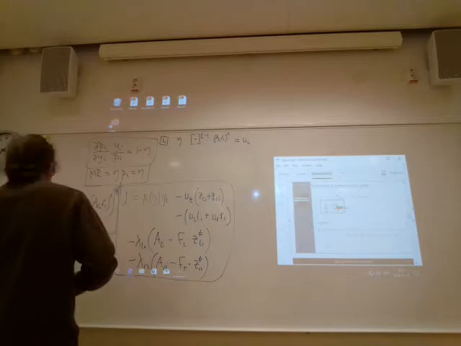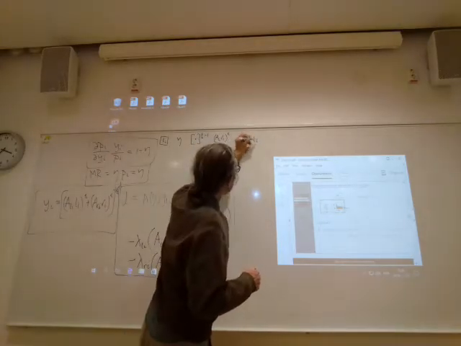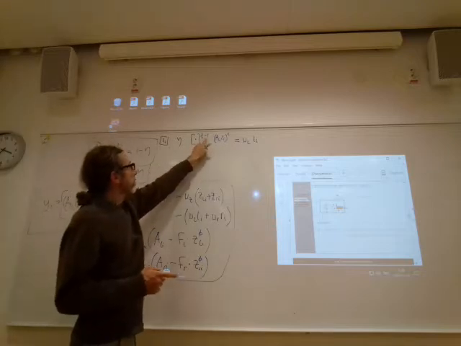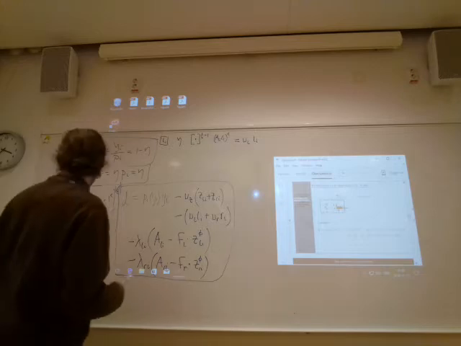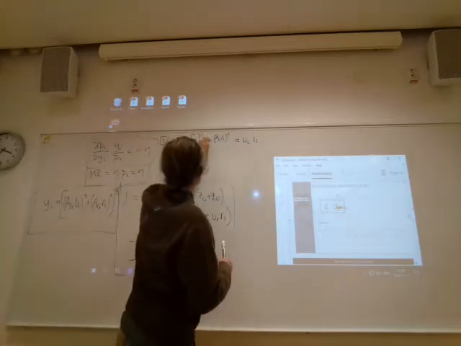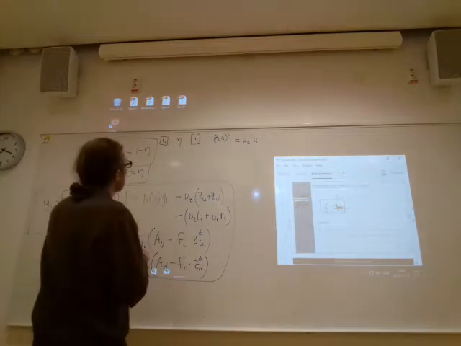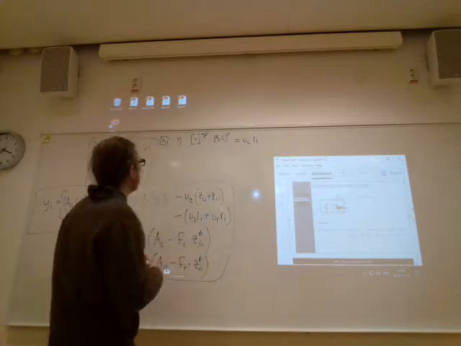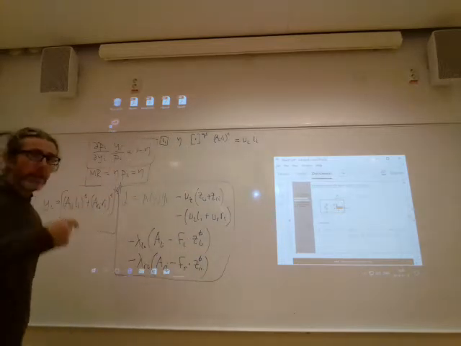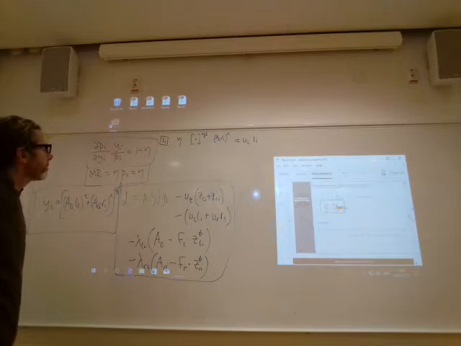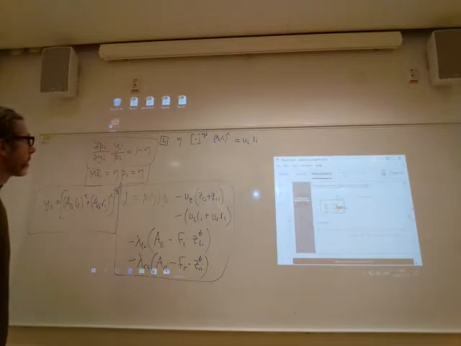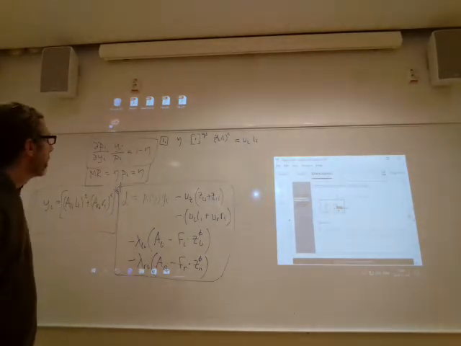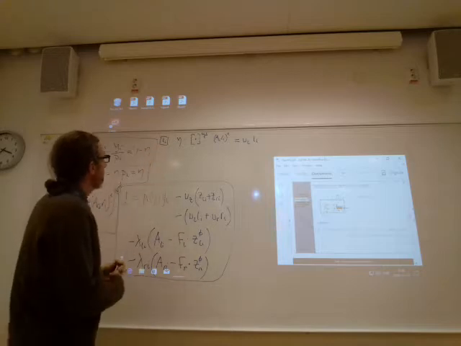Then 1 over epsilon minus 1 is the same thing as one minus epsilon over epsilon, not that we actually need to do that at this point. So that's the first order condition with respect to Li.